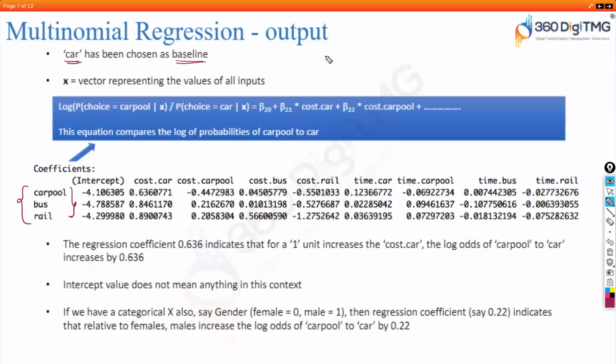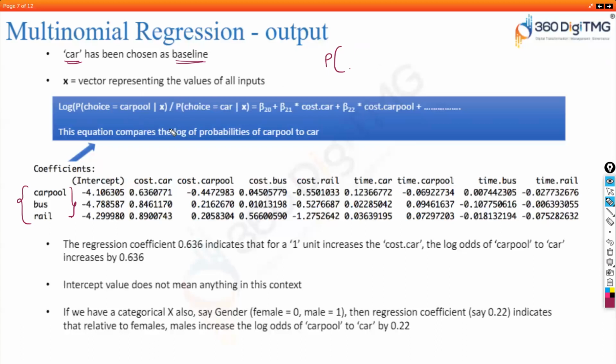So you look at the probability of choosing carpool given all your inputs, given the cost of the different transportation modes and given the time taken to reach the city from the airport, right? For all the modes of transportation, given those inputs, what is the probability that your choice will be carpool?